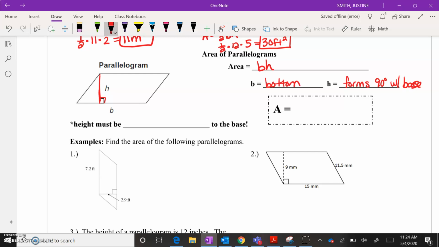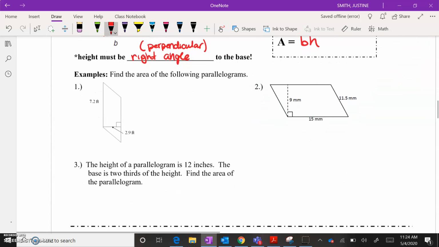So the height must be a right angle to the base, or you could also say the height must be perpendicular to the base. So our formula here is just area equals base times height.